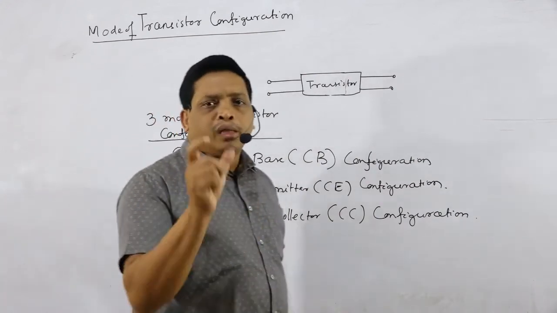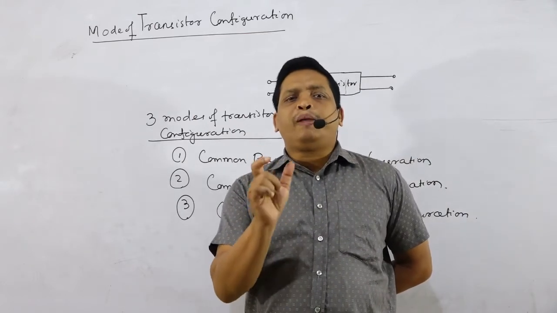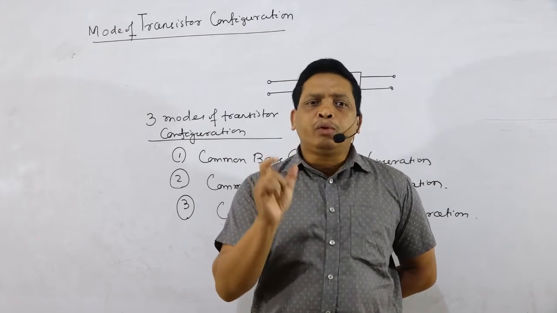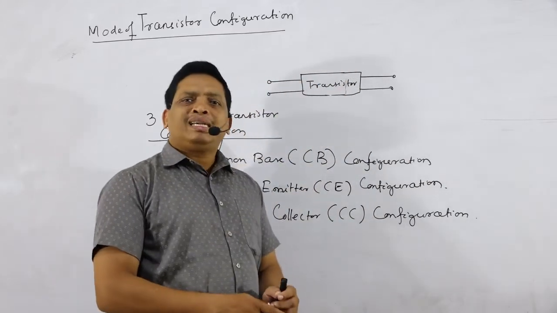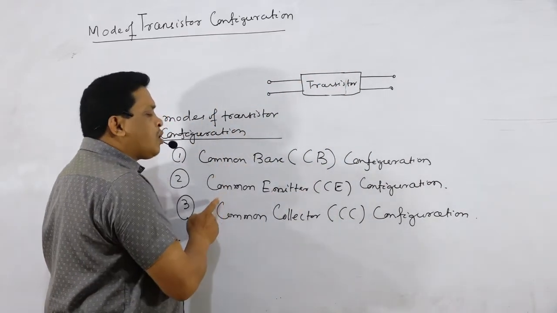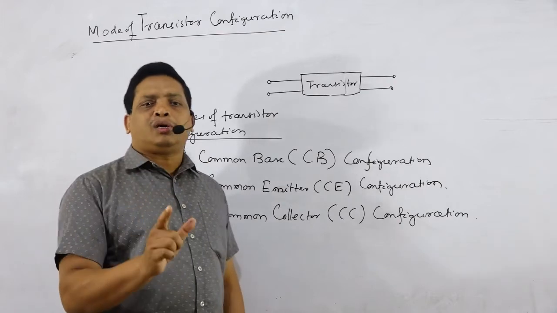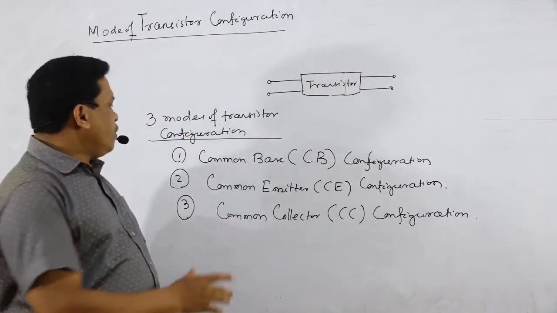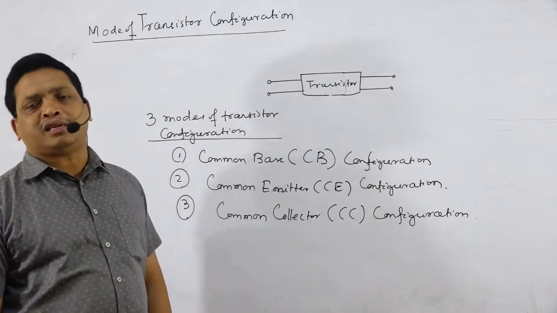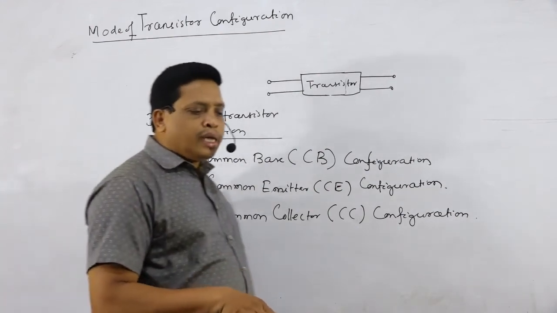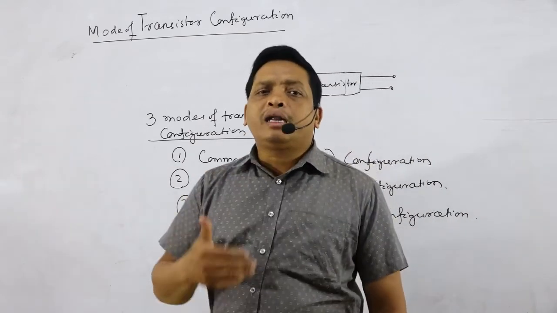As I told you, the basic function of a transistor is to use it as an amplifier. A transistor is mostly used as an amplifier. And for amplification purposes, we shall use the common base and common emitter transistor configurations, because in these two types of configurations we get higher gain.